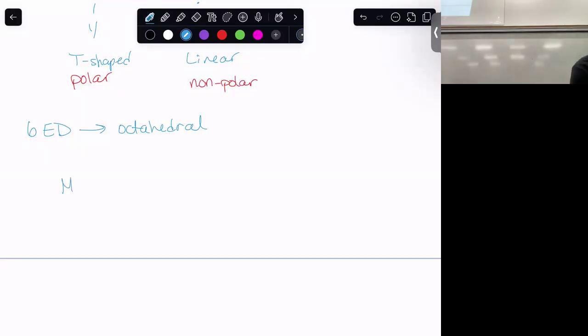So if we look at it this way, we have a square base this time for our pyramid. And they have one going to the top, and then one going to the bottom.